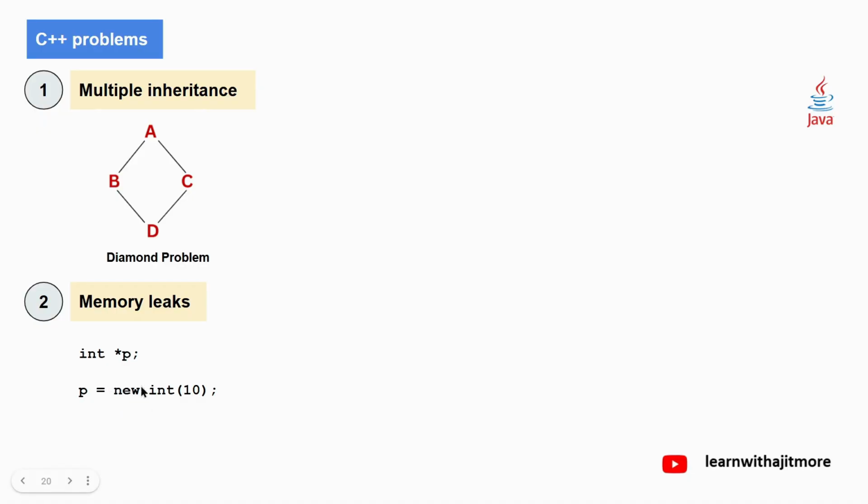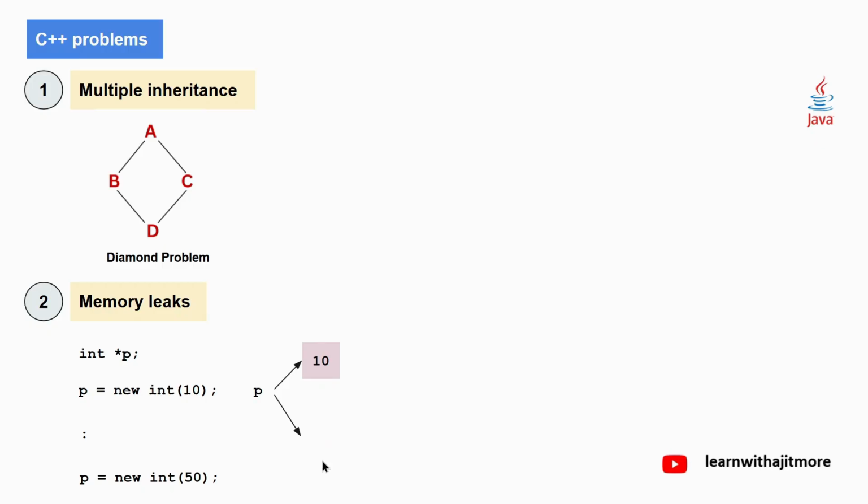So with new, we are requesting the OS to please allocate one integer memory and initialize that integer with 10. And whatever memory is allocated, its address is stored in P. Then after some time, again I'm allocating a new integer with value 50 and storing the address in P. What is going to happen? I hope you know it. In this pointer P, first the address of the 10 allocated on the heap is stored.